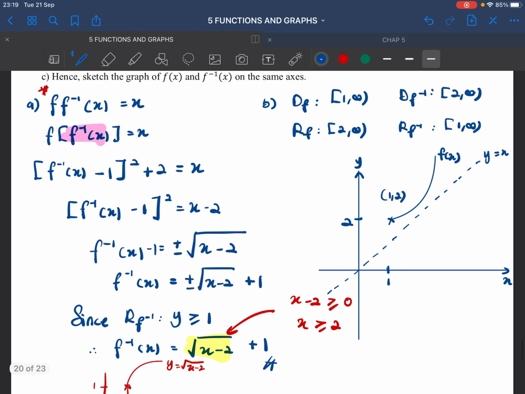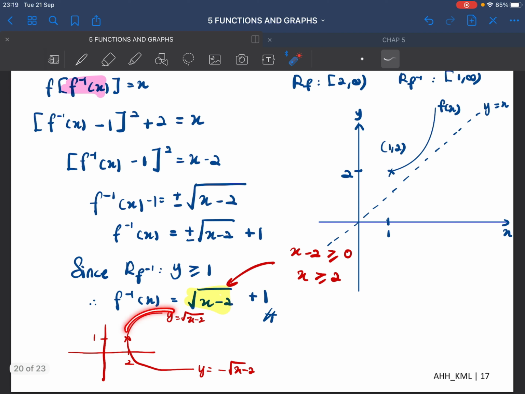Okay, for f inverse pula, ini ialah graph square root, which is saya dah lukis dah sebenarnya kat sini. So the starting point, graph square root ada starting point. Starting point is 2, 1. Macam saya cakap, sekarang kamu punya basic shape, macam mana nak sketch graph, kena dah master lah. Okay, so here is 2, 1. So shape, positive x, positive y, which is dekat first quadrant lah.